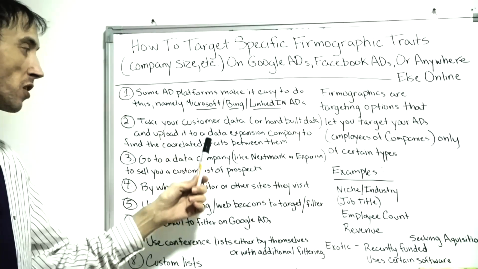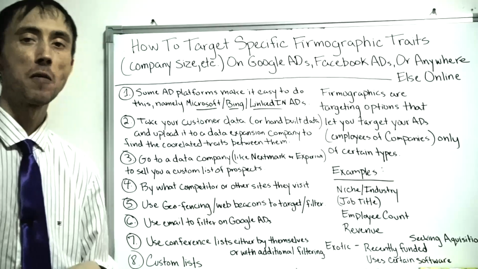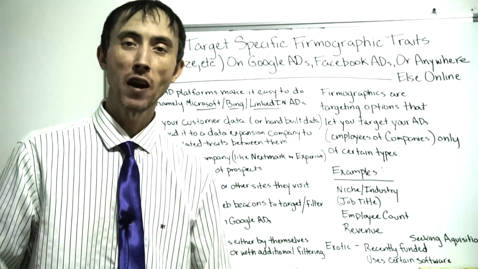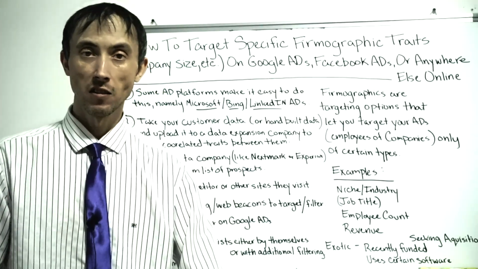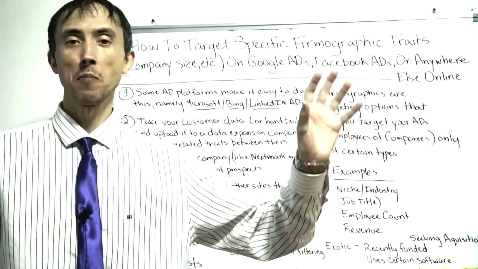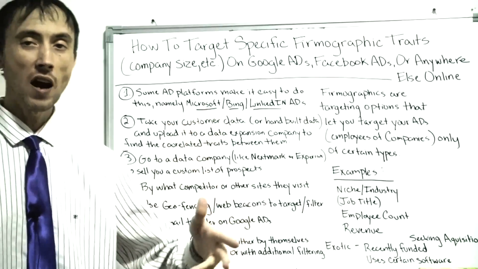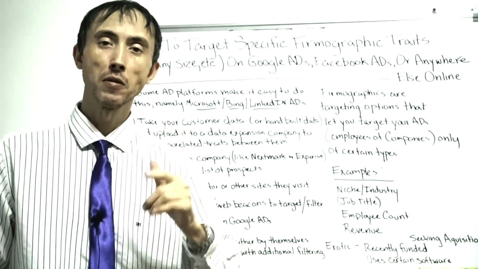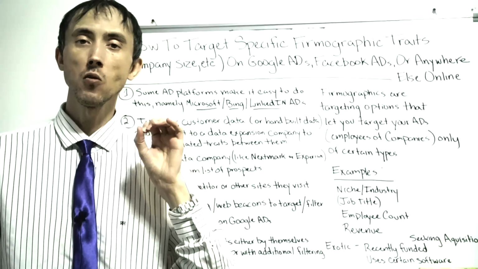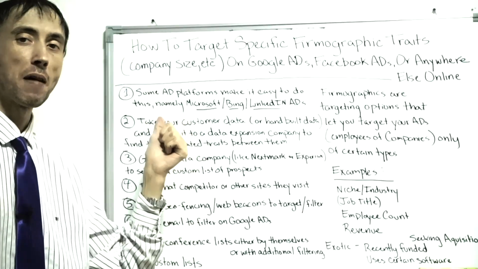And then I have 8 examples here of how you can target companies with specific firmographic traits, whether that's company size or what have you, whether they're just companies seeking funding, whatever it is, so that no matter what, you will be able to target on any level or any way that you want with one of these 8 methods.